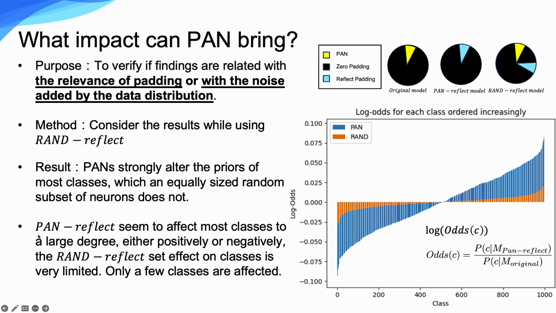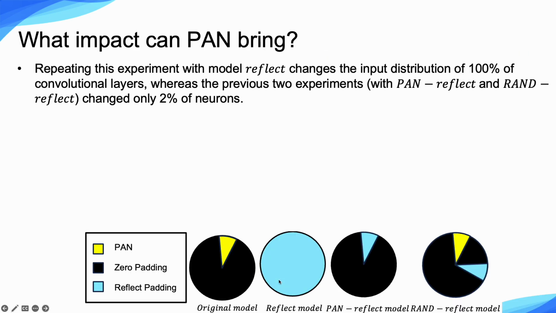In conclusion, the PAN reflect seems to affect most classes to a large degree, either positively or negatively. The random reflect set's effect on classes is very limited. Only a few classes are affected. They repeat this experiment with the model reflect, and the reflect has changed the input distribution of 100% of convolution layers, whereas in the previous two experiments, the random reflect model and the PAN reflect model, only 2% of neurons were changed.